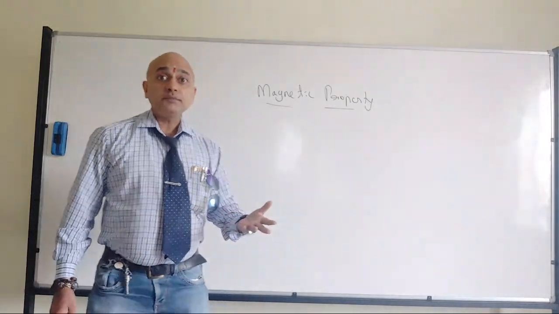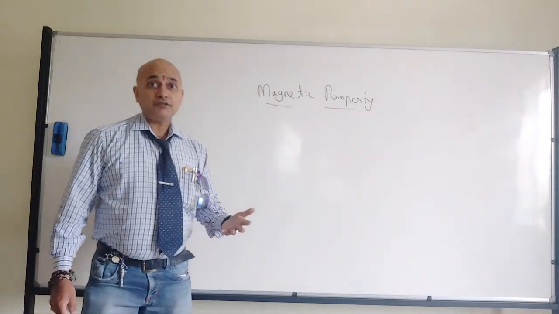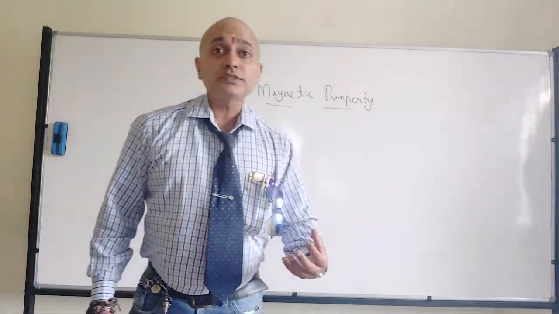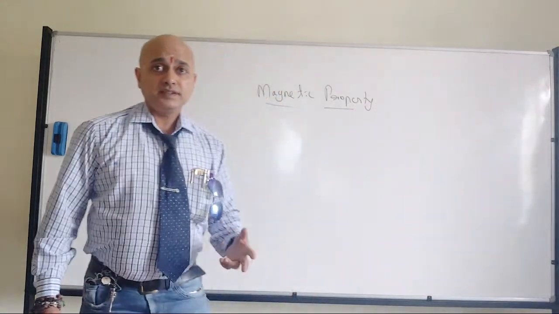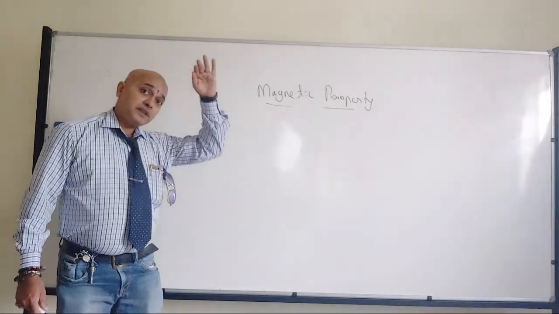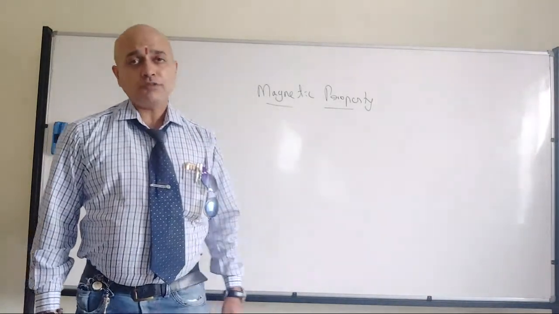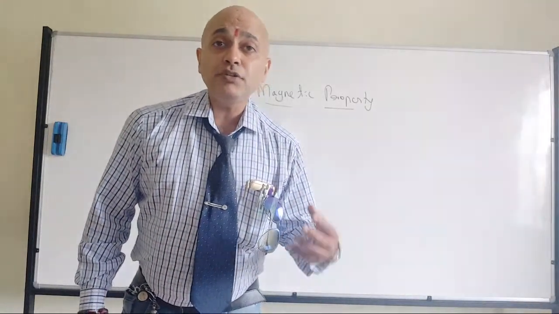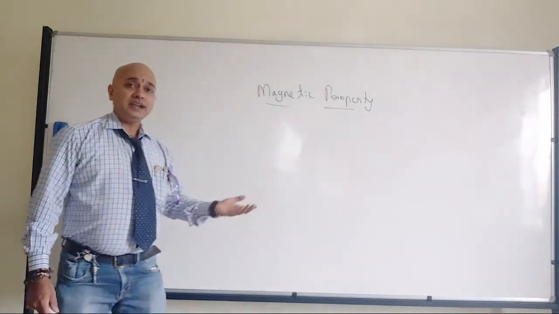One of the quantum numbers itself is the magnetic quantum number, which is related to how electrons are oriented. I am not talking about spin quantum number.